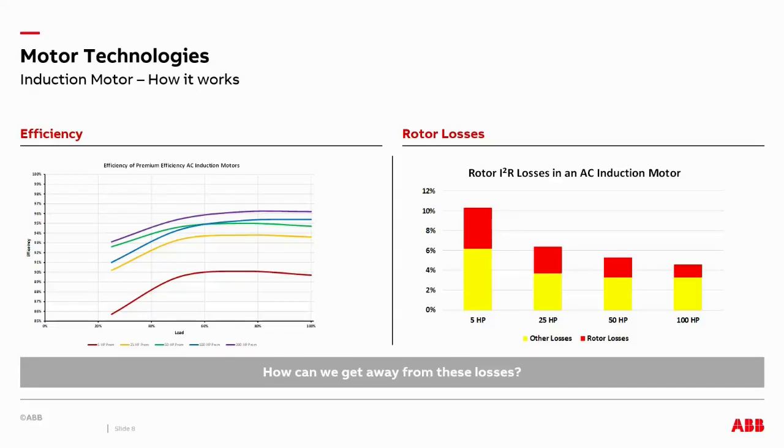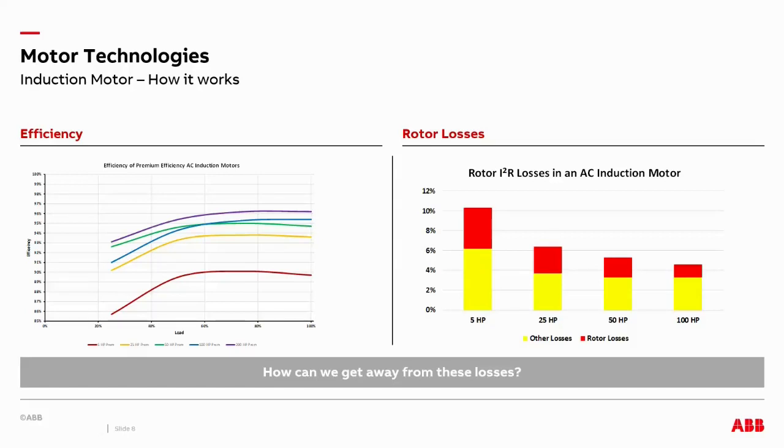So now I'll talk a little bit about the losses. On the right, we see the losses in the induction motor. The yellow is losses in general, and then the items in red is the rotor losses. So you can see that we've got a lot of losses that we can try to reduce.